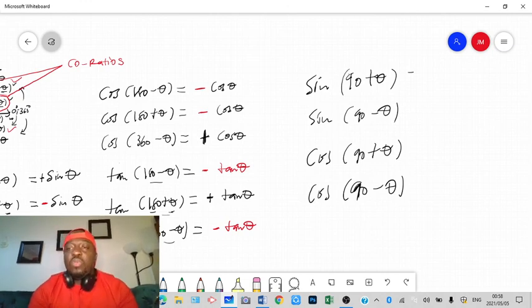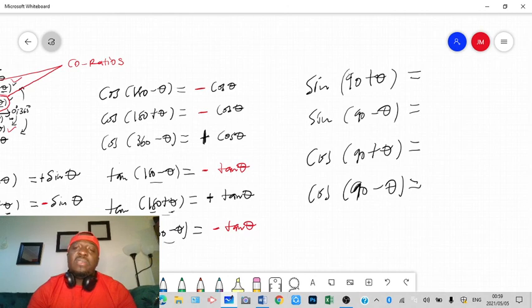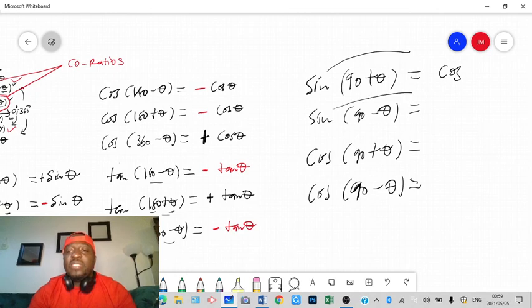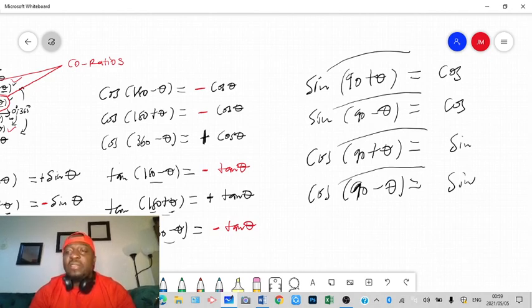So these are co-ratios, meaning, as I said, these formulas switch from sine to cos, from sine to cos, from cos to sine, and from cos to sine.